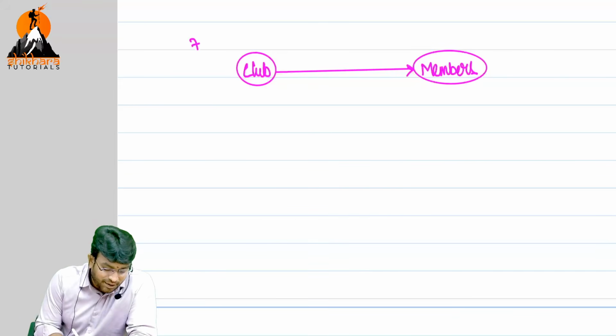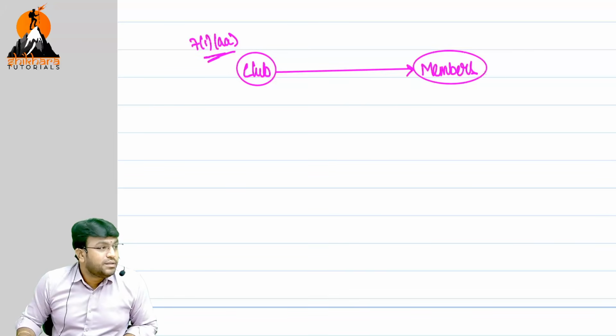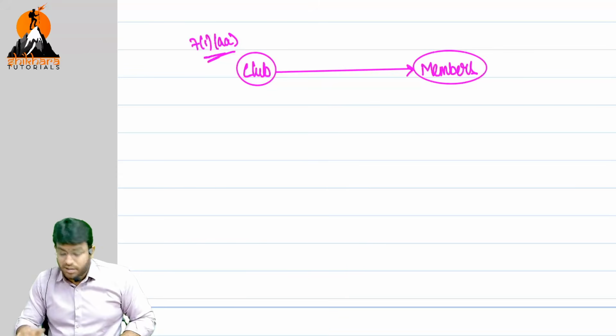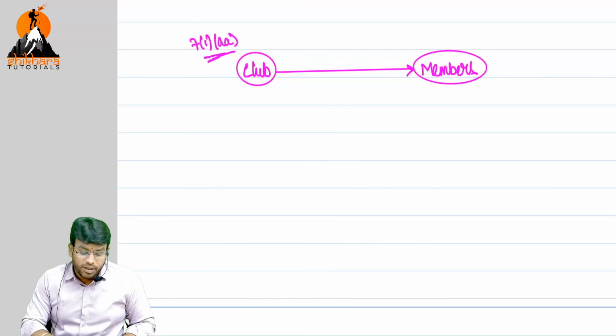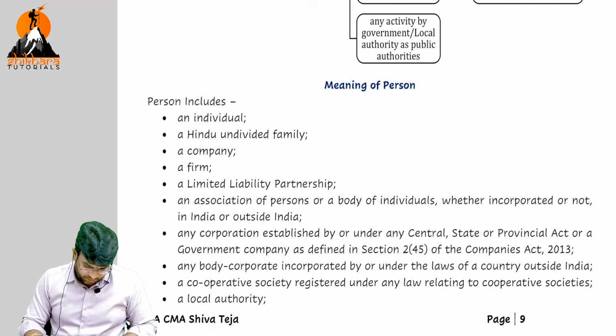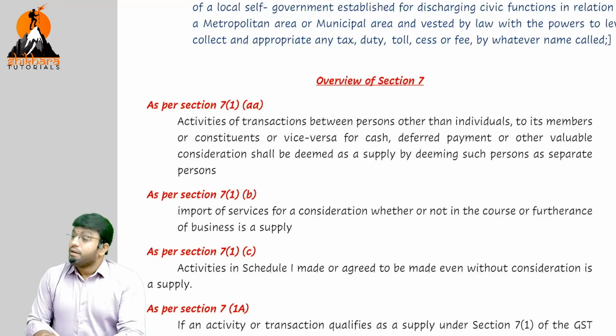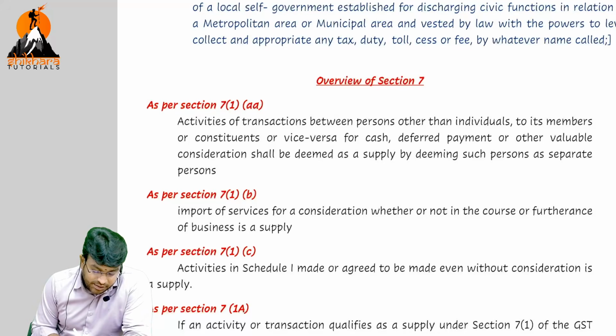Section 7(1), clause (aa). Understood? Read it, sir, and study it in the book. 7(1)(aa), right below.